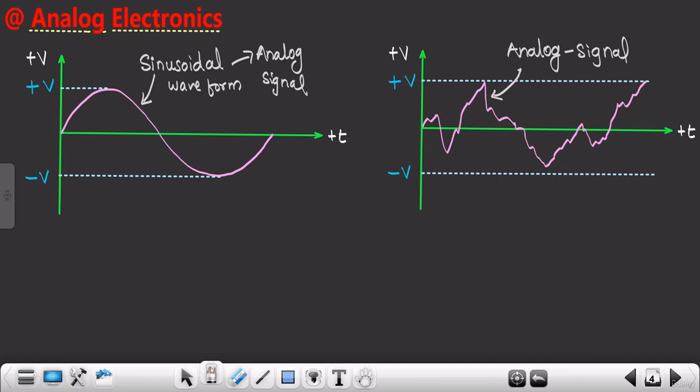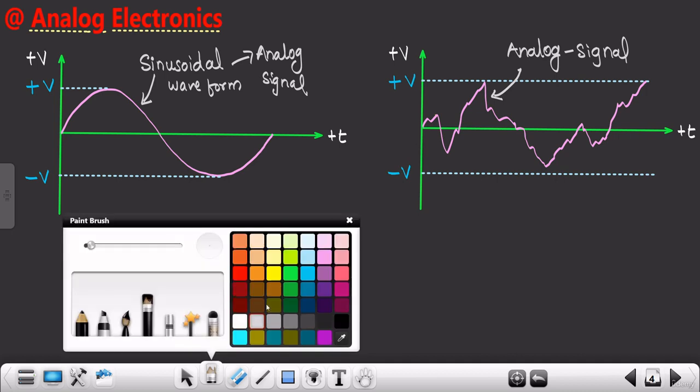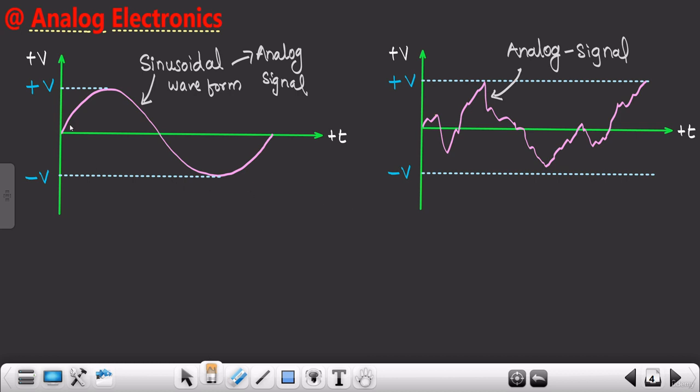And the important thing we can see over here is this. Let me decrease the thickness of my pen. Let's suppose at t equals 0.1 second, the voltage of this waveform is 0.1 volts. Now if I move to t equals 0.2 seconds, the voltage is 0.2 volts.